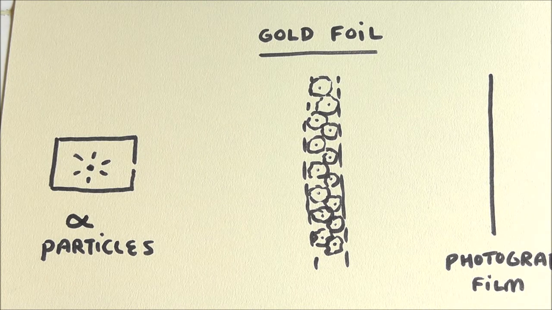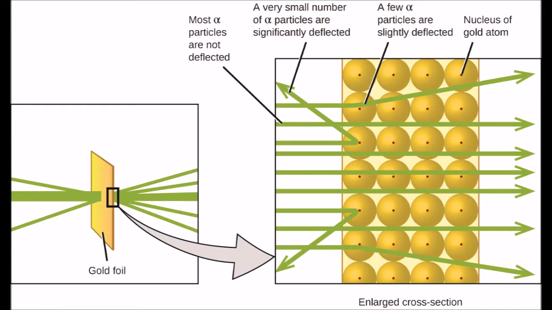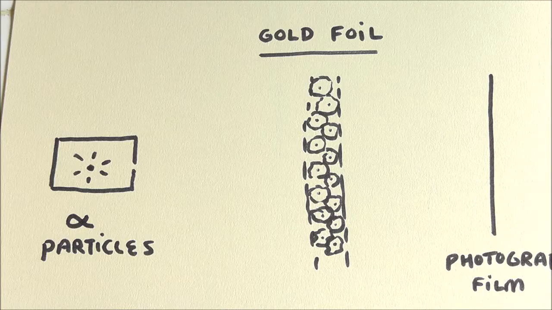What Ernest Rutherford did was decide to understand better the nature of atoms by pounding out a very, very thin layer of gold foil. I should probably show you a better picture of this. The reason they used gold is because gold is very soft and malleable, and you can pound it out to very, very, very thin.